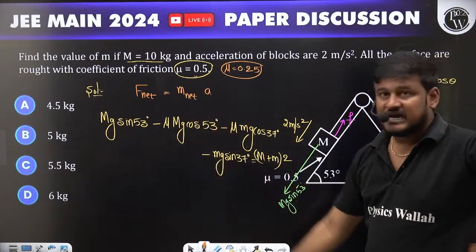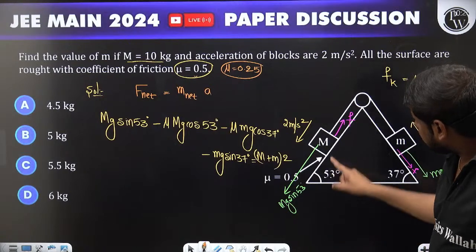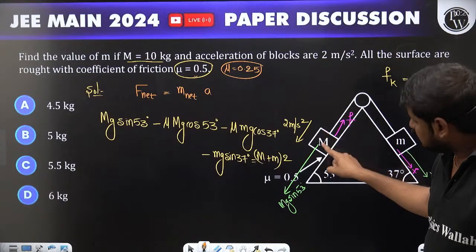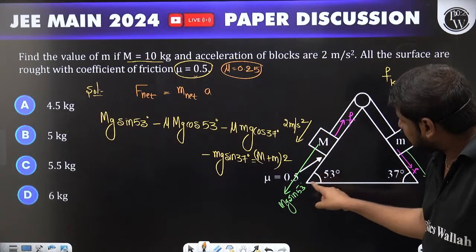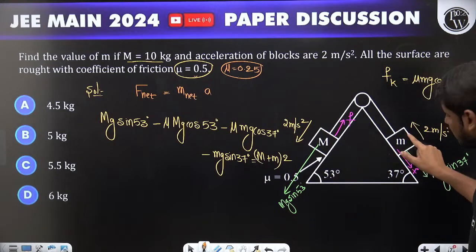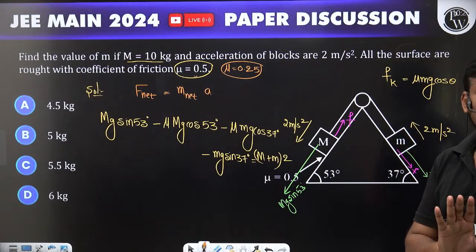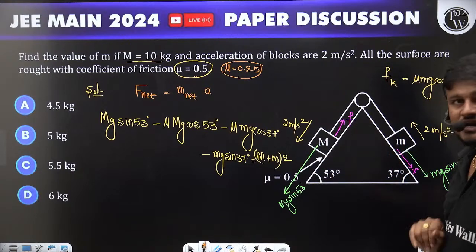So on the LHS side, what is the net force that is acting? For this capital M mass, its sine component mg sin 53 will come this side, and for this small m, its weight component mg sin 37 will come along the inclined plane. These two are clear.